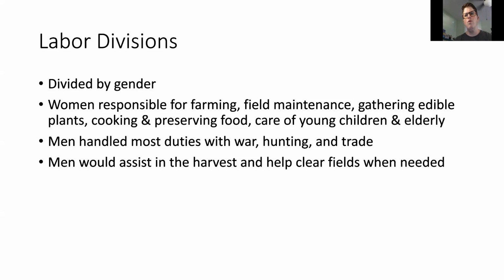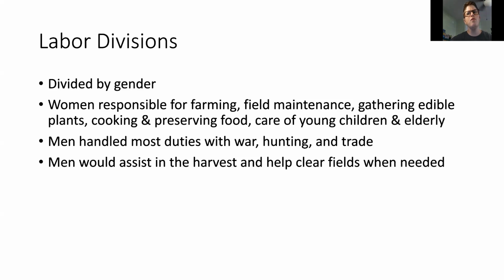When Europeans saw women doing farm work, they were really confused, especially because if Indian men weren't actively engaged in war or hunting or trade, they did have a little bit more leisure time than some of the women because their duties were fulfilled. Doesn't mean they were lazy, but to Europeans, when they saw men not helping, that meant Indian men were lazy. That's not true, but that's how Europeans felt.